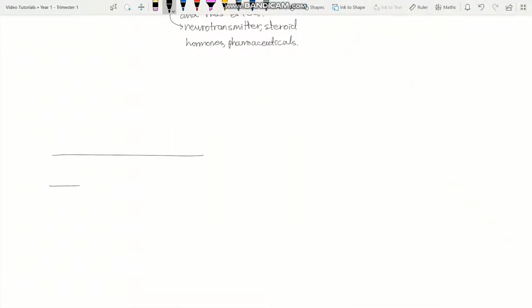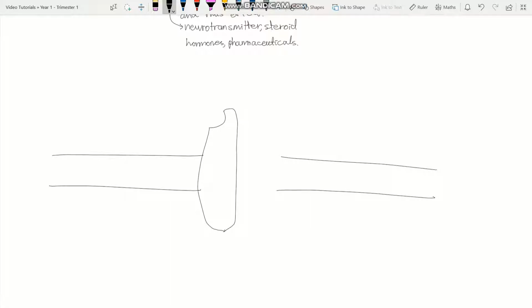Say, for example, this is the bilayer of the postsynaptic neuron. A ligand-gated ion channel would essentially have a structure similar to this, and if there is no ligand bound to it, it would be closed.